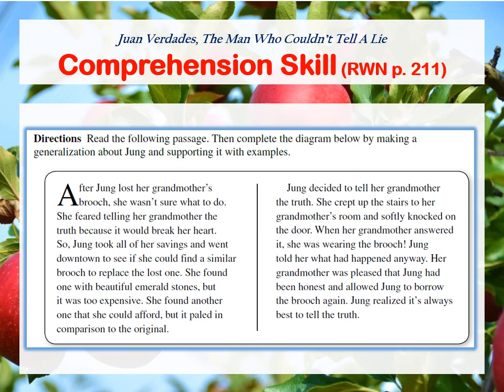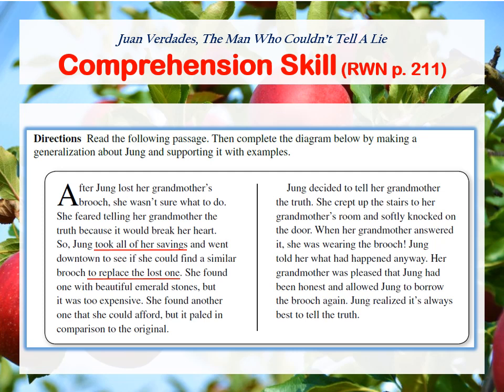Now, let's analyze the actions of June. First, she took all of her savings. Next, she went downtown to see if she could find a similar brooch to replace the lost one.